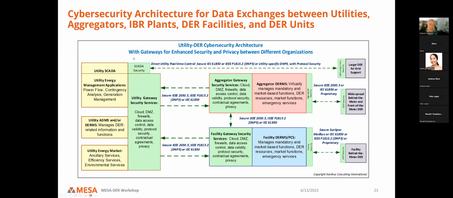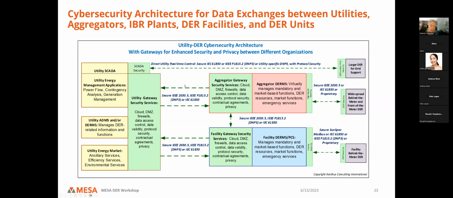They're going to need to communicate directly, if this is a larger DER for grid support, which might be an IBR, not just a DER. In other words, it's transmission connected, not just distribution connected. There can be real-time communications, particularly with DNP3, maybe also with 61850. But you need security on both ends.